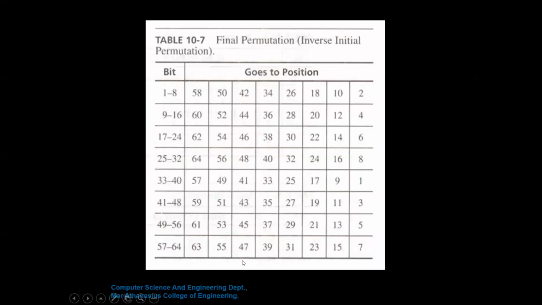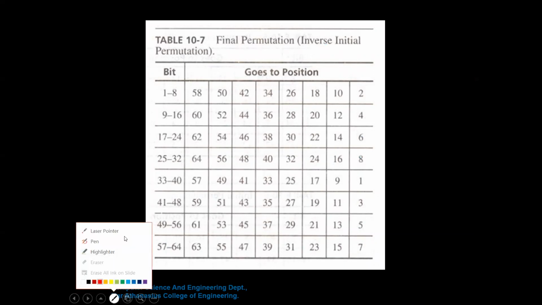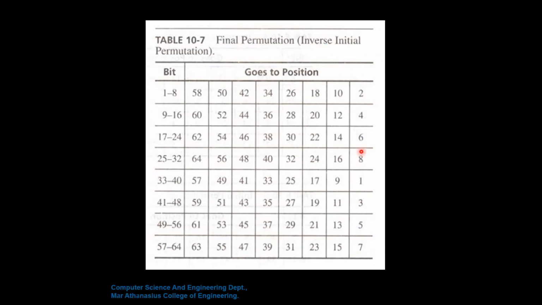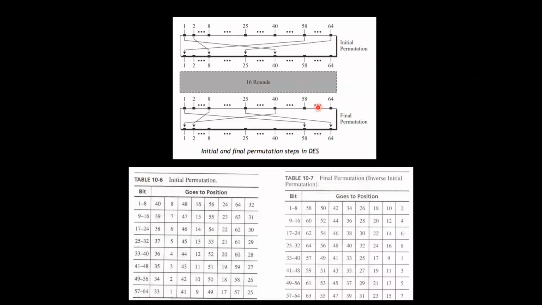The final permutation is based on this table. Again, the bits of the input are given to the corresponding output positions as per this table. And you know that the final permutation is the inverse of the initial permutation, so we can compare the two tables.